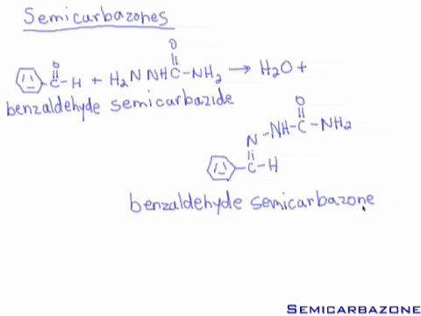For example, the 2,4-dinitrophenylhydrazones are often bright red or orange in color, and they crystallize very readily. Now, this type of identification of aldehydes and ketones has given way to more modern spectroscopic techniques. The other point I want to make is that typically the reagents are handled as hydrochloride salts.